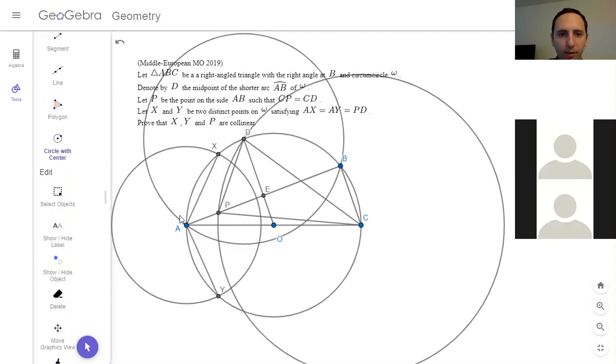AP times AB is also the power of P with respect to this circle through D, right? So we could try to show that P lies on the radical axis of these two circles. Not sure how helpful that would be, but maybe it would be.